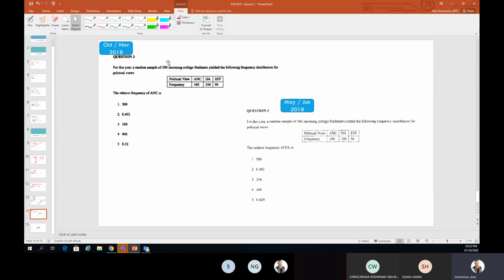And then the last one, and I think you also had this in some of the assignments, is on frequency and relative frequency and those kind of things. So what is relative frequency? That's maybe the question that I need to ask you guys. If you get this in the exam, what would have been your answer if I ask you what is relative frequency?